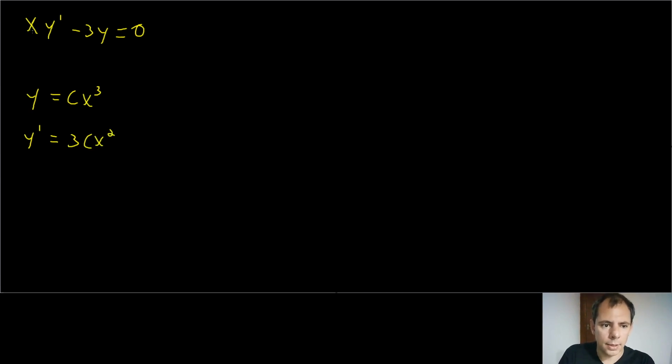Well, let's do that. x times 3c x squared is going to be 3c x cubed, minus 3y, which is 3c x cubed, is equal to 0.